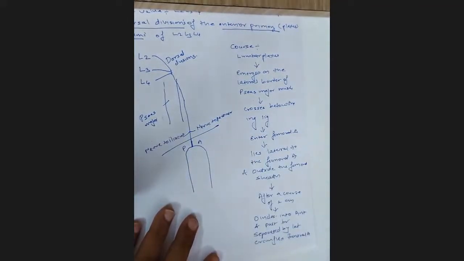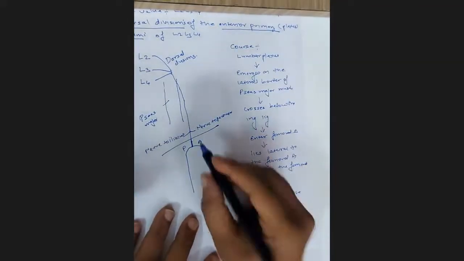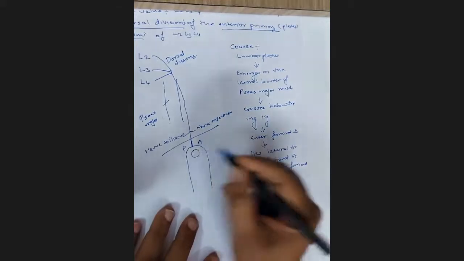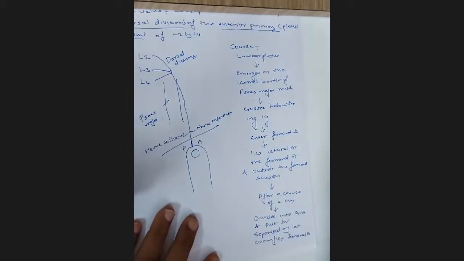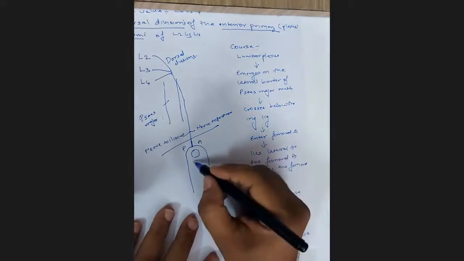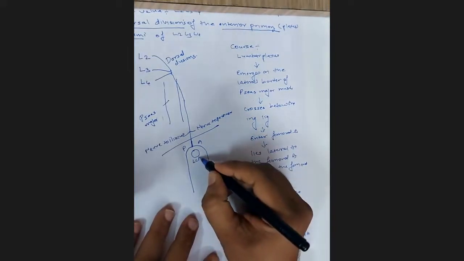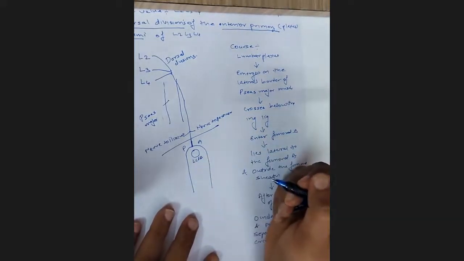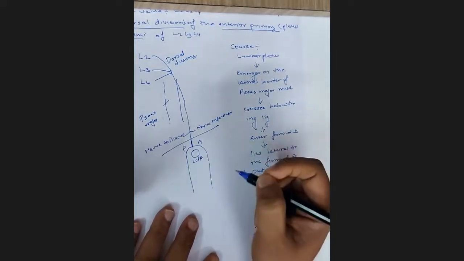Now here it enters the femoral triangle, and the divisions are separated from each other by the lateral circumflex femoral artery.